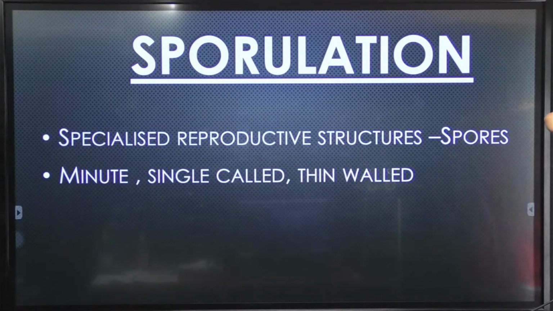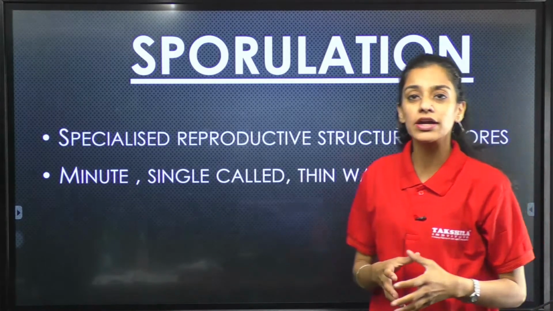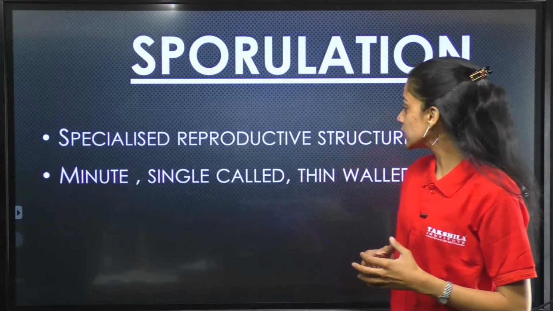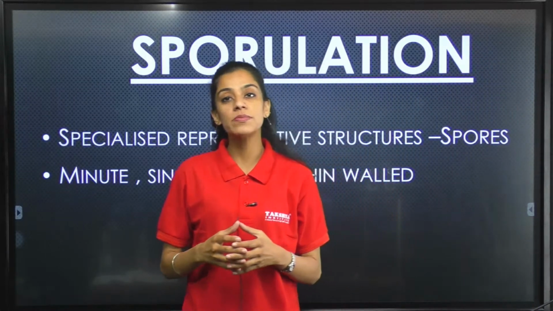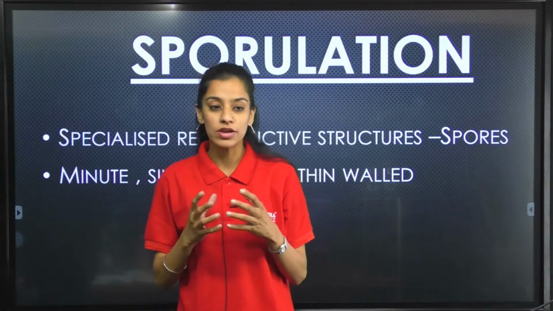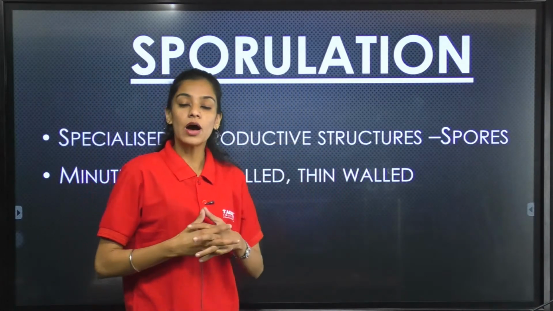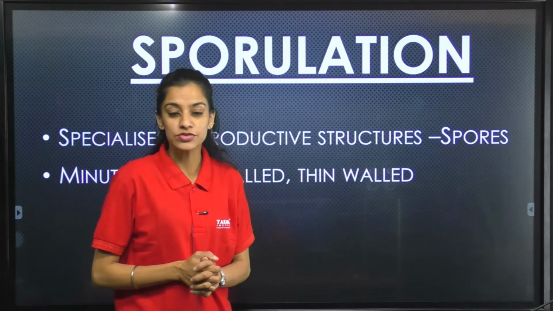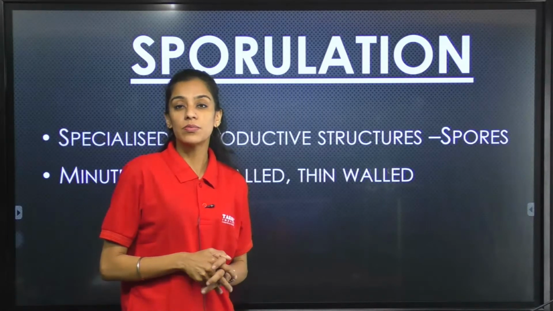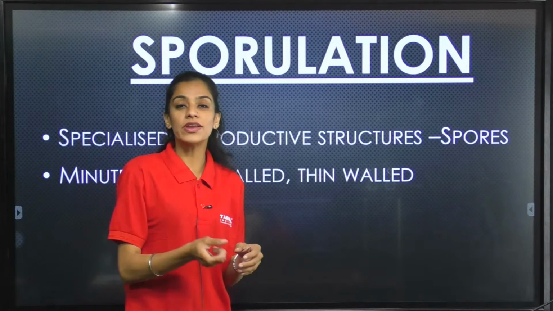Spores are very, very minute, single-celled and thin-walled. However, there are a few spores which, under unfavorable conditions, form a very thick layer.